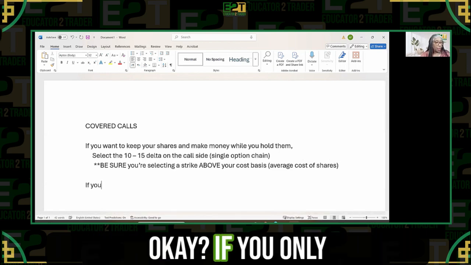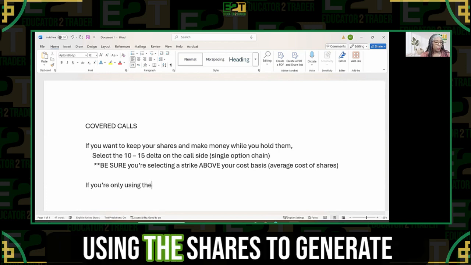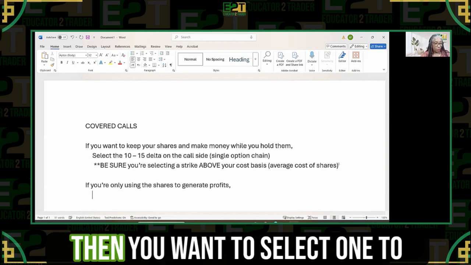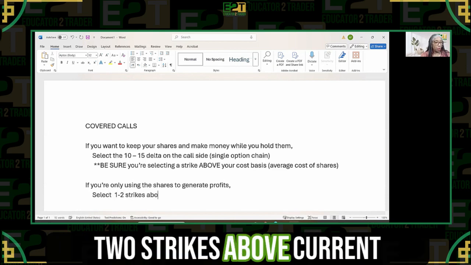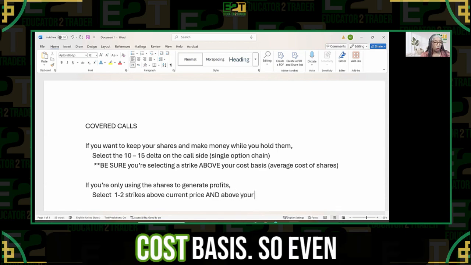If you're only using the shares to generate profits, then you want to select 1 to 2 strikes above current price and above your cost basis.